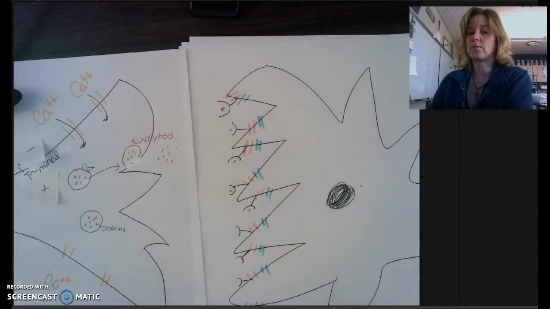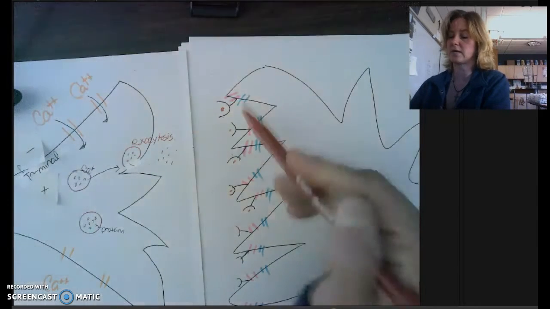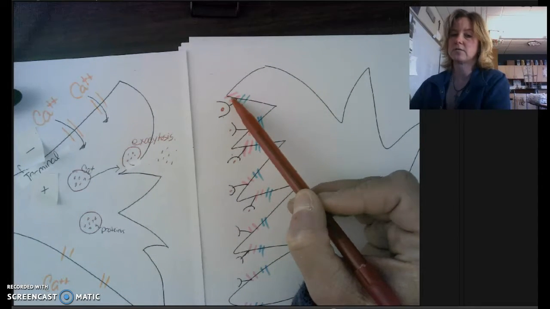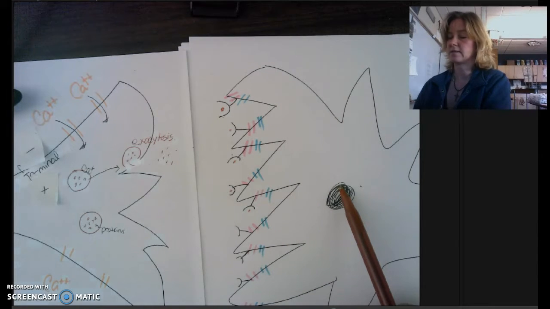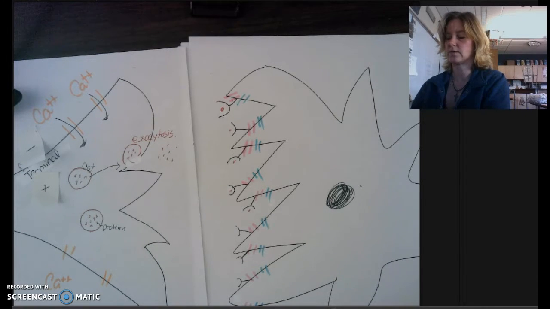What we want to do is open up these sodium channels so that we can cause this action potential to move through the dendrites, down the cell body, to the axon terminal at the end of this one, and then continue on until we get a response.